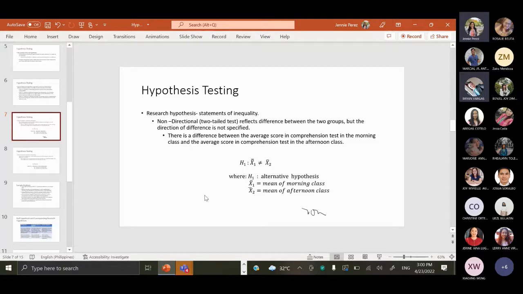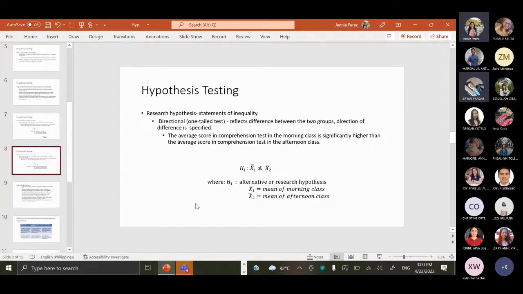Wala siyang pakialam whether it is the morning or the afternoon class that has the higher or lower score, for as long as there is a difference between the two. That is non-directional.